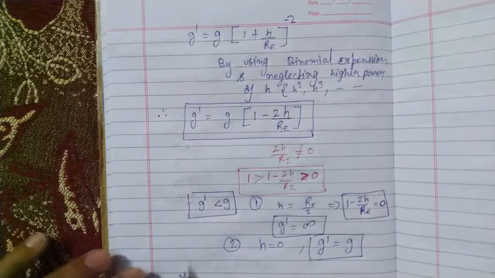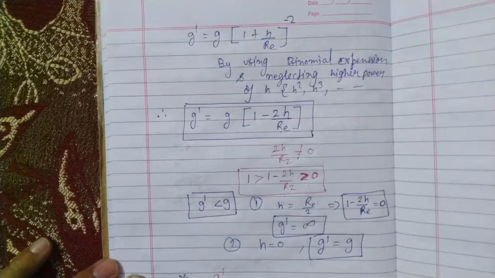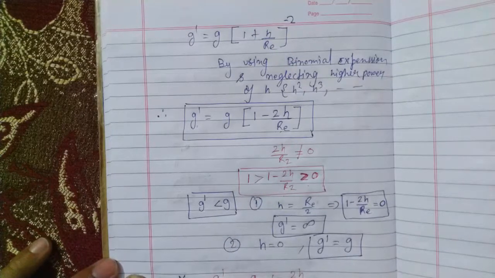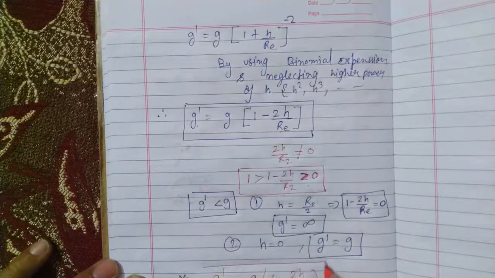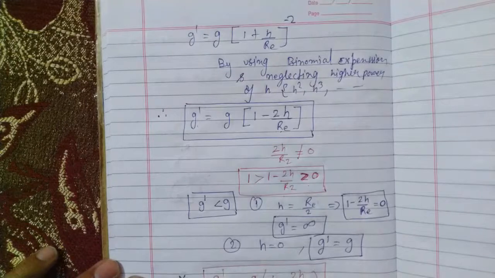Okay, now therefore g' is equal to g(1 - 2h/Re) for variation in g with altitude.